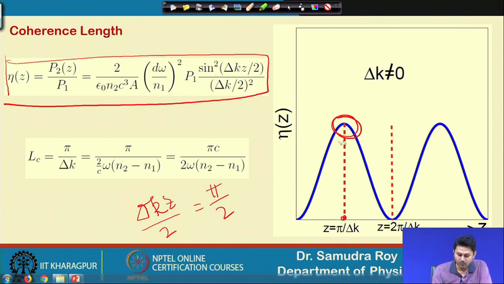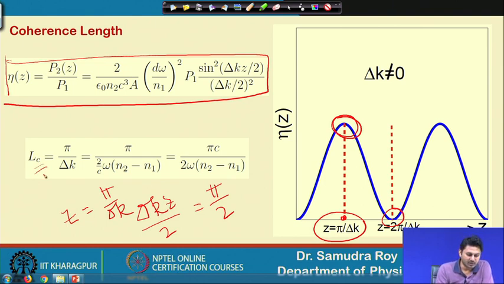So this value will reach a maxima when z is equal to pi by delta k. That is the point indicated here, and at that point we have a maxima. On the other hand, we will have a minima at exactly twice that length. This particular length is called the coherence length, which is pi divided by delta k.